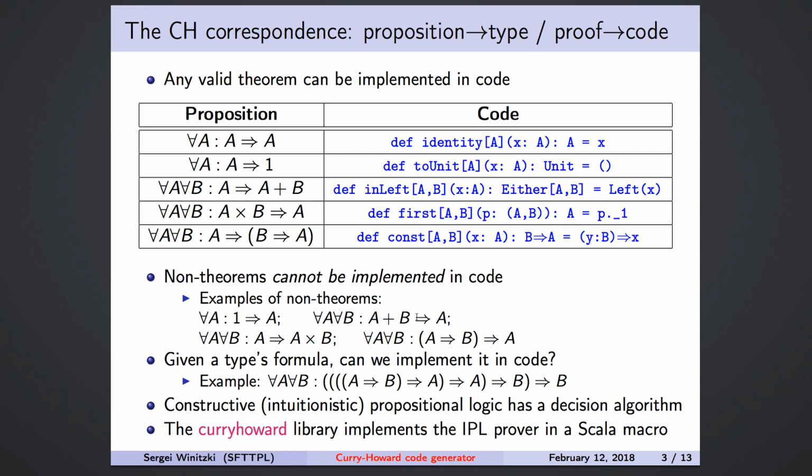Well, so far we haven't seen how it works. We will see it a bit later in this presentation. So there's a natural question: if I give you a type or a formula, how can you implement it in code? Here's an example. Okay, here it is. All right.